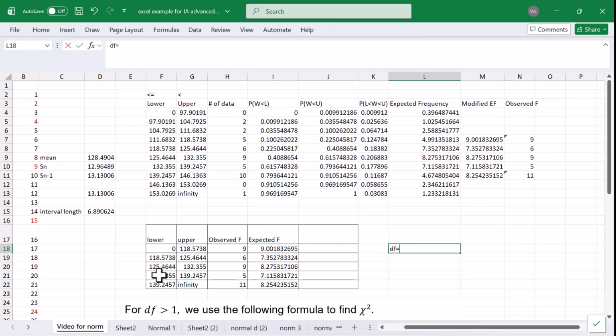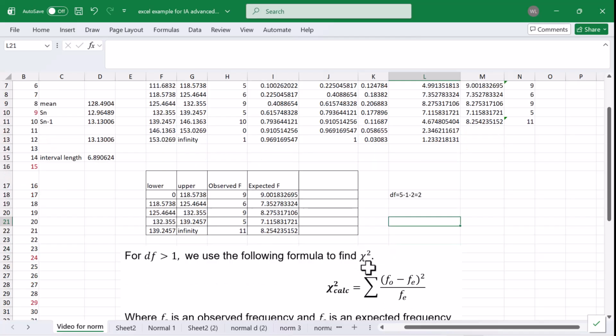We have 5 intervals. So 5 minus 1. Then minus, because we used unbiased estimation of population mean and standard deviation. So minus this 2. We got 2. Degree of freedom equals 2.